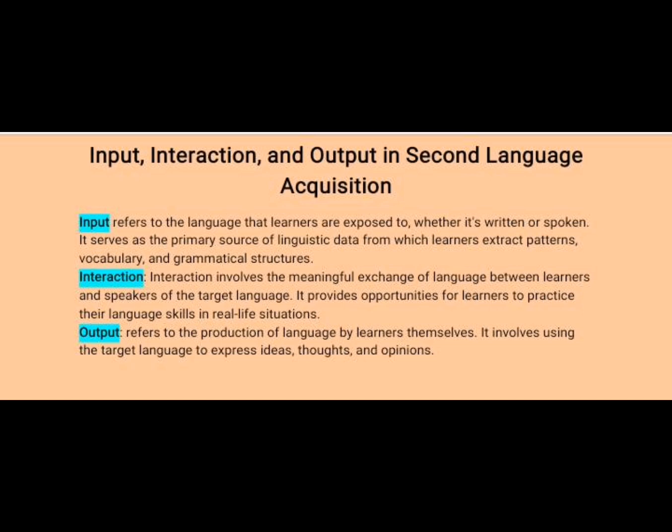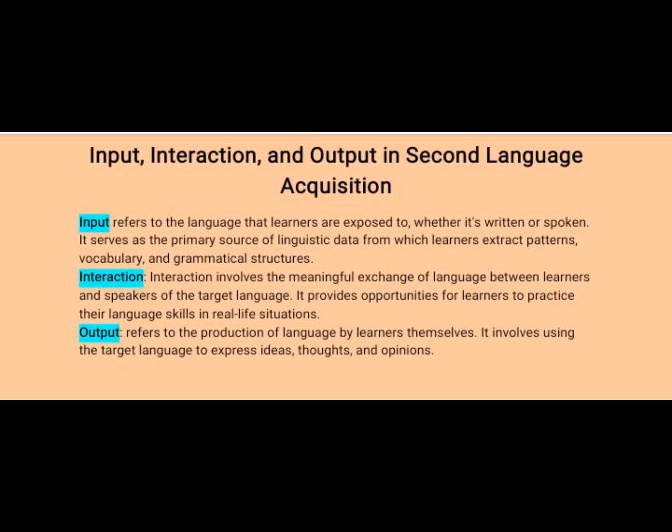Second is interaction. Interaction involves the meaningful exchange of language between learners and the speakers of the target language. So it provides opportunities for learners to practice their language skills in real-life situations, for example, in public places when they need to use the second language.